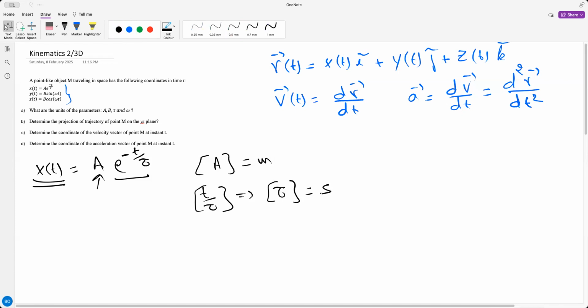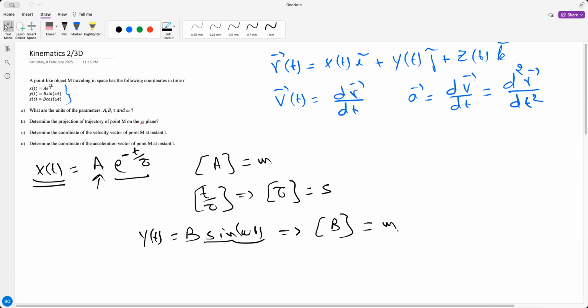The same thing: b sine omega t has no dimension, and since y(t) is equal to b sine omega t, this means that the dimension of b must be meters. So a and b are in meters, and tau is in seconds.